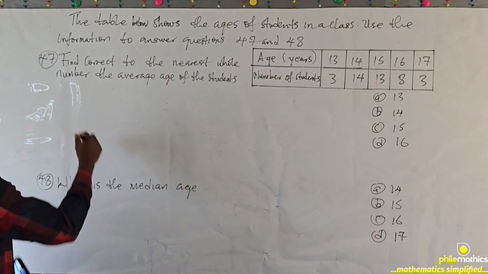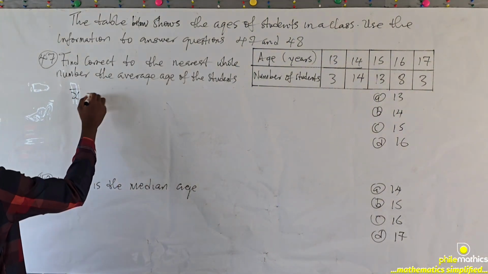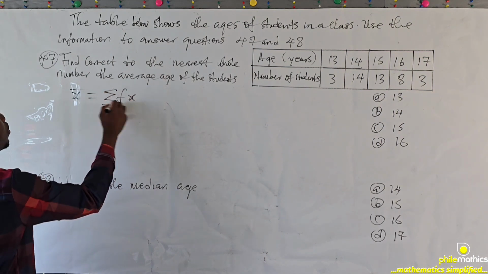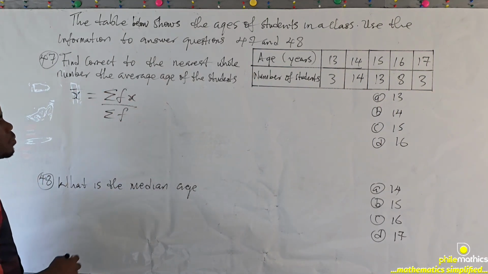And so you remember that to find the average, it is simply the summation of fx over the summation of the frequency.